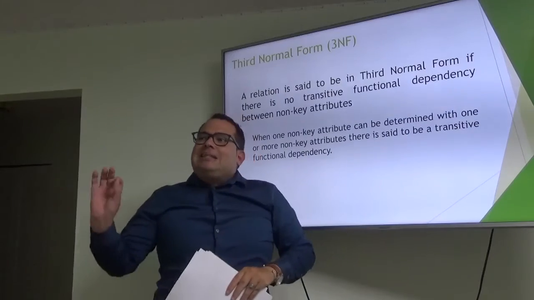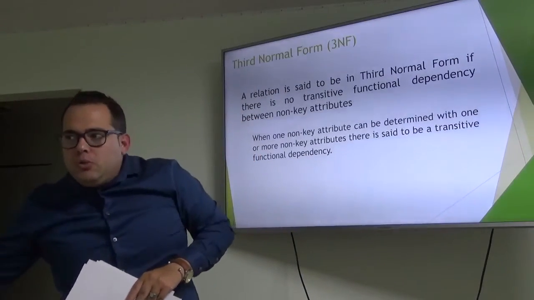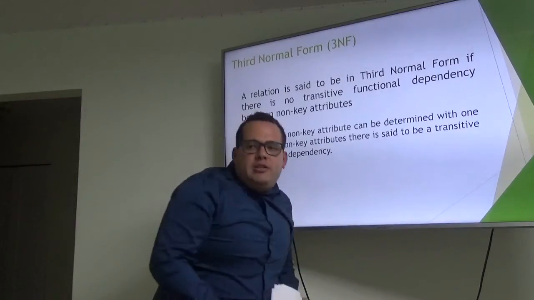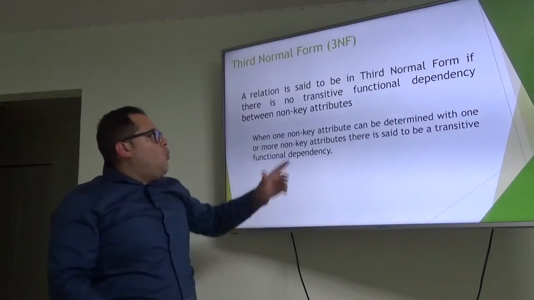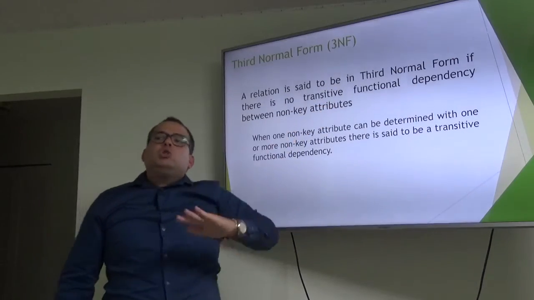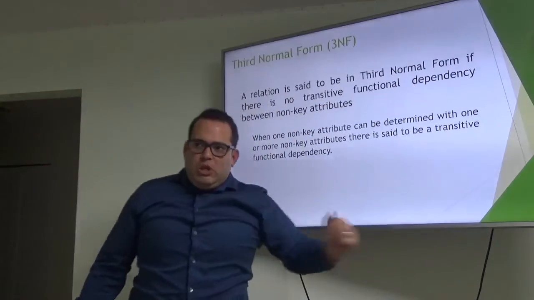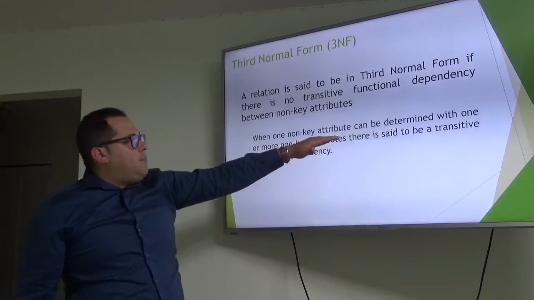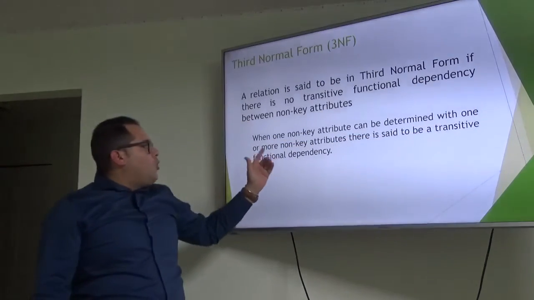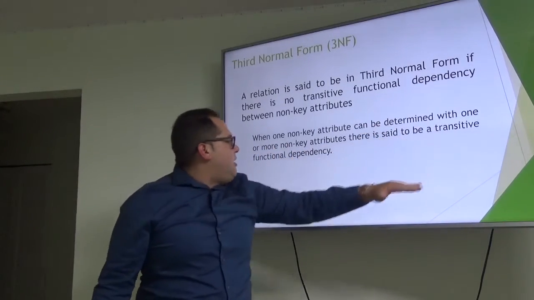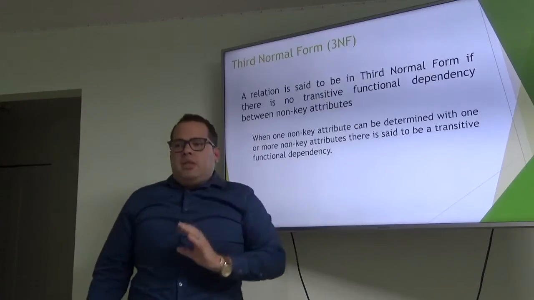Okay? That could happen too. And if that happens, the database is only in second normal form. Okay? And we must eliminate those dependencies to migrate to the third normal form. When one non-key attribute can be determined by one or more non-key attributes, there is said to be a transitive functional dependency.